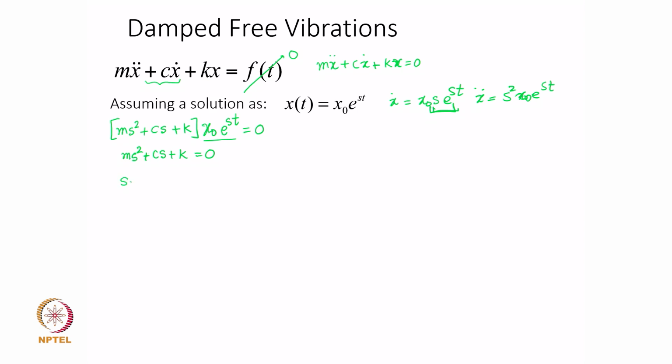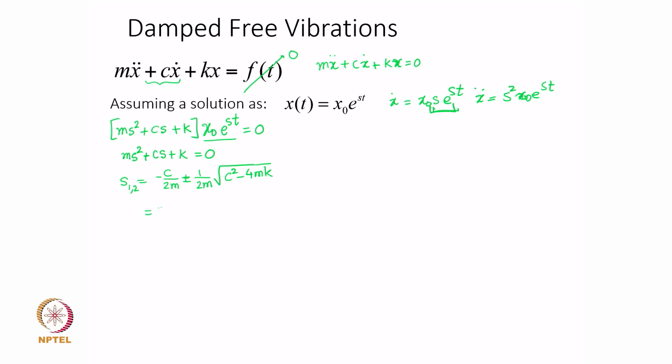So, we all know that the roots are given by minus c over 2 m, and if you solve this quadratic, this is how the roots are going to look.